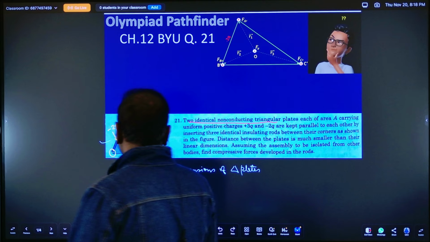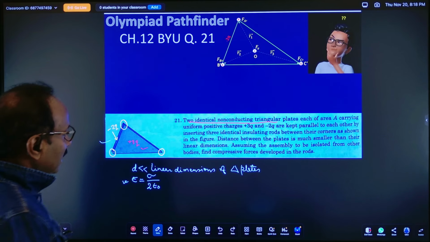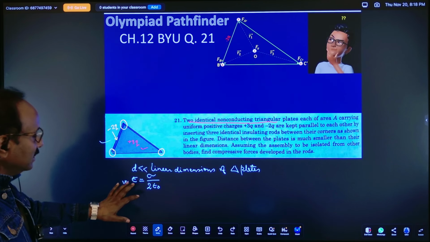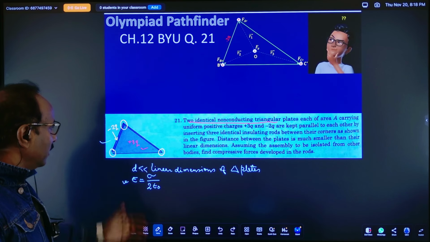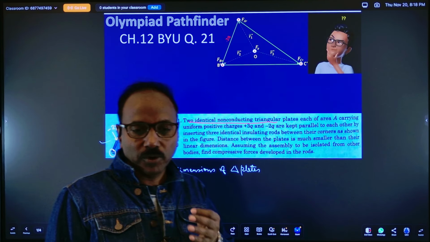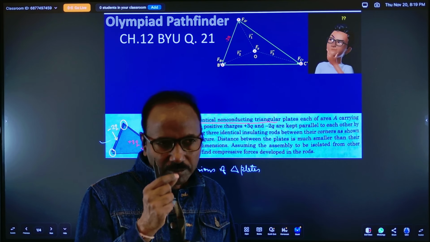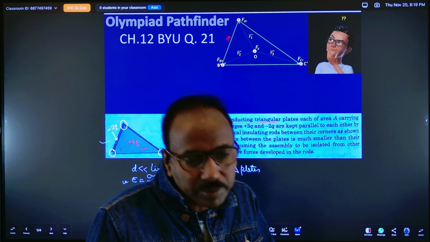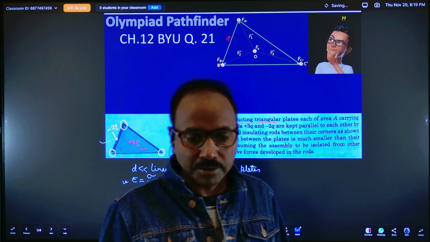So this is the way the electric field intensity has been formulated for the vicinity points of a plate. Because when you see the plate from very close, it will appear infinite to you. You cannot see the ends.